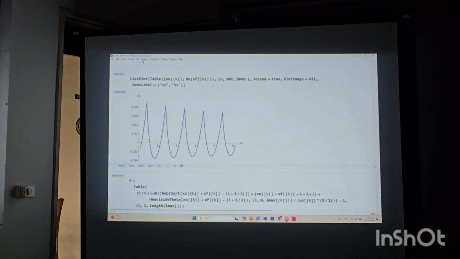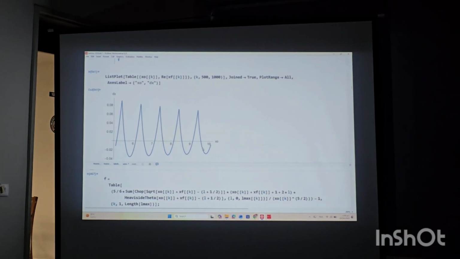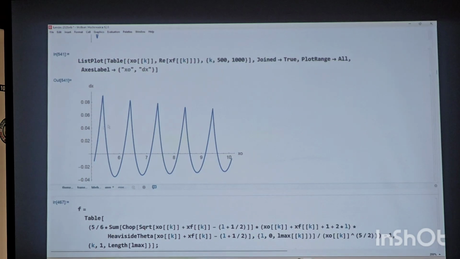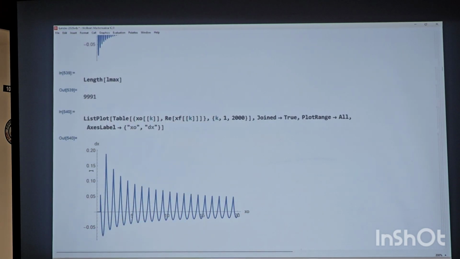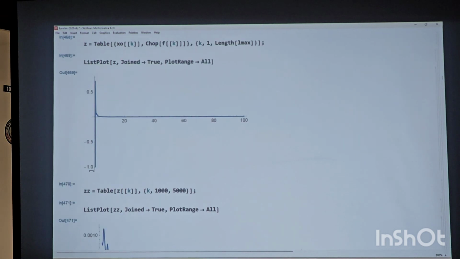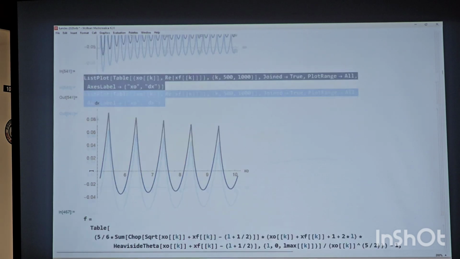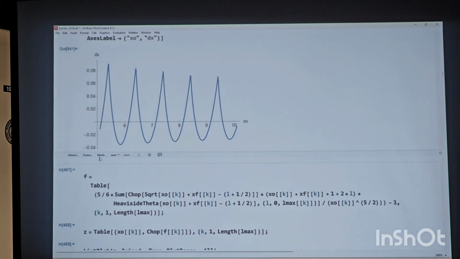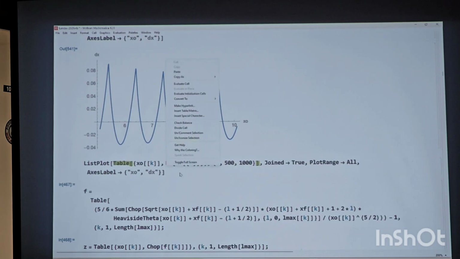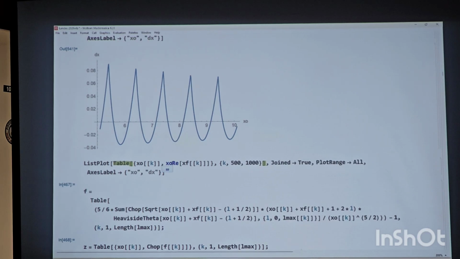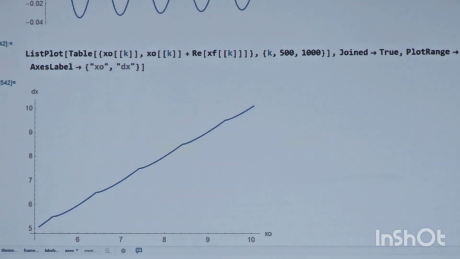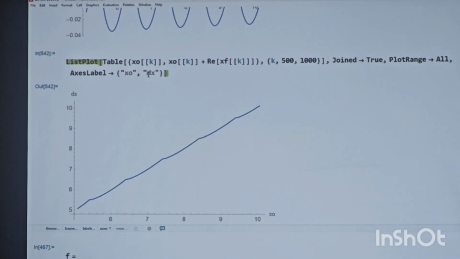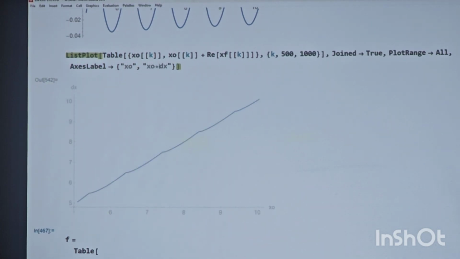Okay, and I can even attempt to plot the x naught. This is the overall Fermi energy. Now it's not dx, this is x naught plus dx.